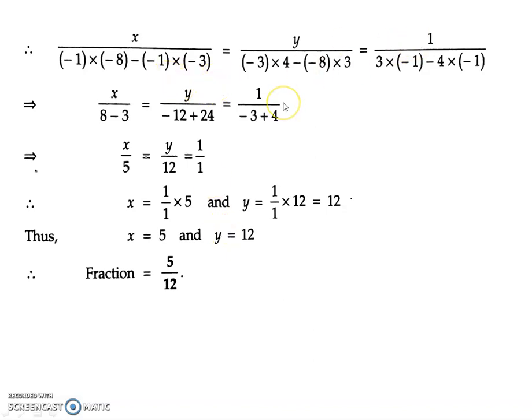Then you will simplify it. You will get x by (8 minus 3) equal to y by (minus 12 plus 24) equal to 1 by (minus 3 plus 4), and equate to get the answer x equal to 5, y equal to 12. So the numerator is 5 and the denominator is 12. So the fraction is 5 by 12.